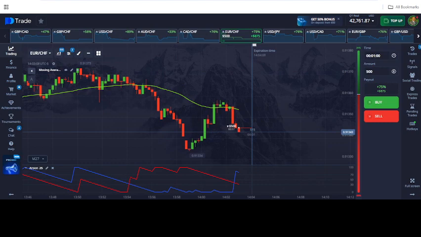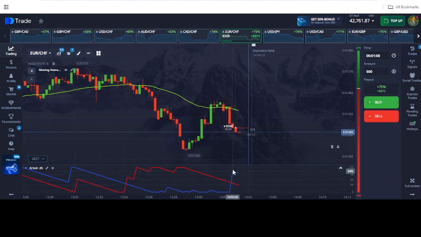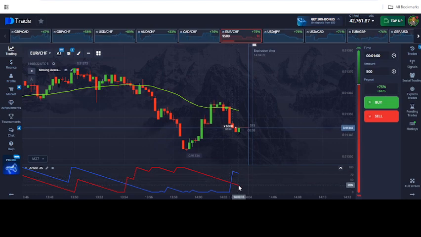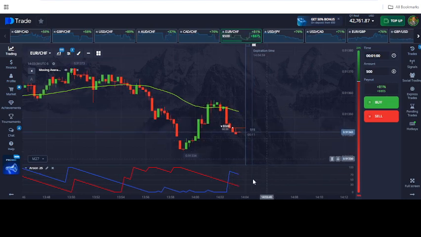Okay, so I'm on the Euro Swiss franc currency pair, and I just took a sell trade here. The reason why I took the sell trade is the Aroon up line crosses the Aroon down line here in an upward direction. And secondly, the price has fallen and closed below the 50 EMA line, suggesting a bearish trend to the downside here.